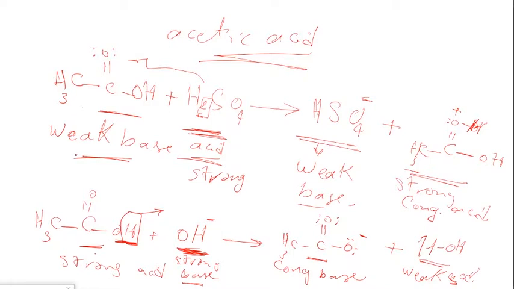Now if we look at the pKa, the pKa of acetic acid is equal to 4.76, and for H2SO4 it is equal to minus 5.2.